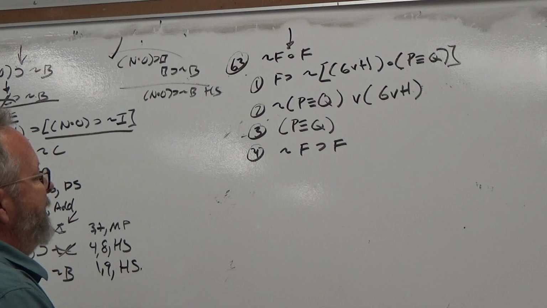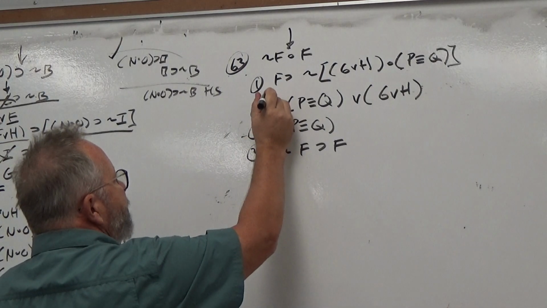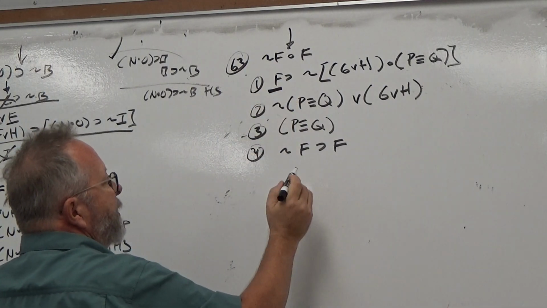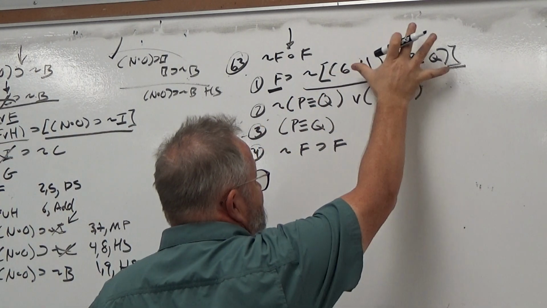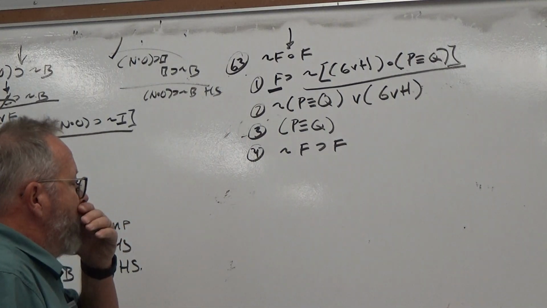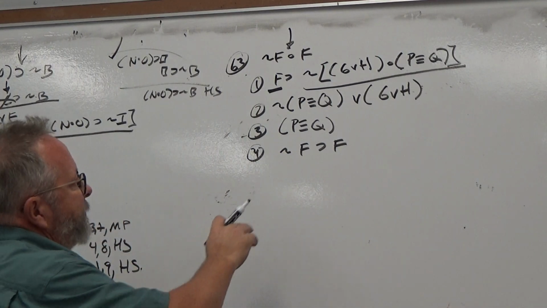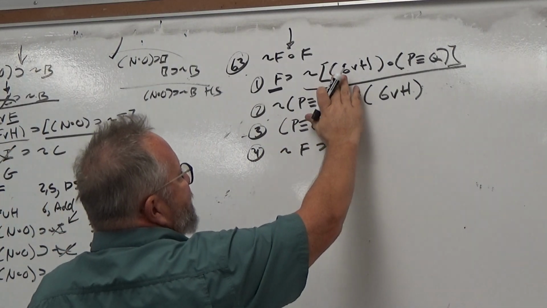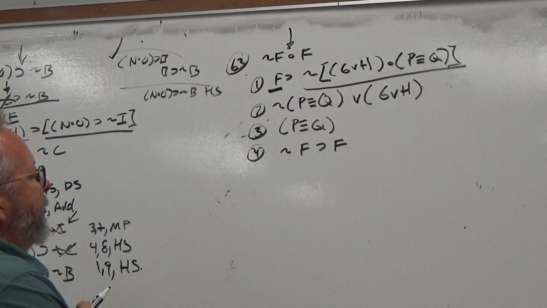So I think the easiest thing to do is going to be go for the not F, which I'm going to extract from line 1 by doing a modus tollens, which means I need the opposite of this big thing. So it's just G or H and P if and only if Q, because we need the opposite, okay?